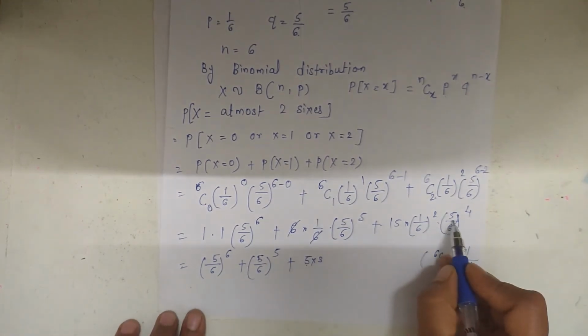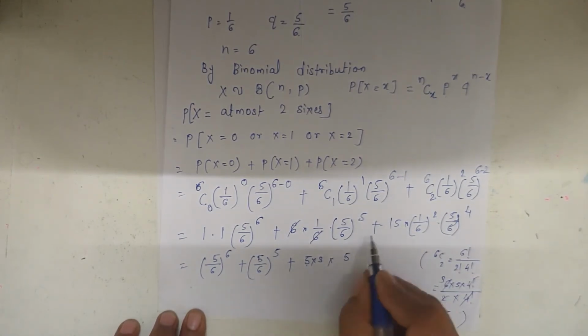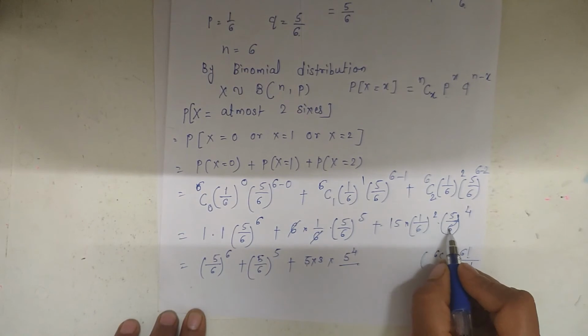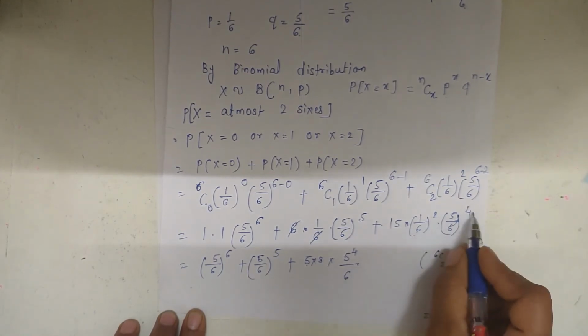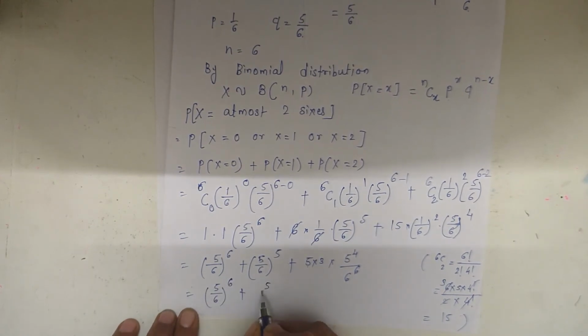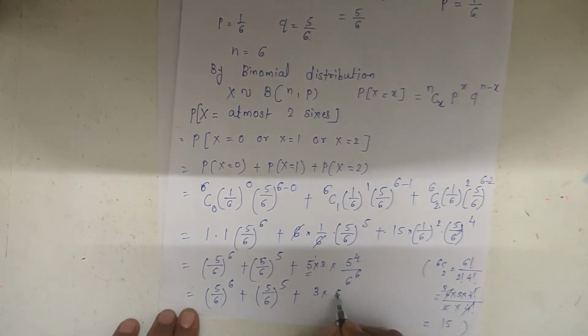So this 5 added in this 5 raised to 4, then we get 5 raised to 5 in the next step, and 6 square into 6 raised to 4, that is 6 raised to 2 plus 4, 6. 5 by 6 raised to 6 as it is, plus 5 by 6 raised to 5 as it is, plus this 5 raised to 1 added in this 5 raised to 4, 4 plus 1, then we get 3 into 5 raised to 5. By adding indices of 5, then 5 raised to 5 upon 6 raised to 6.